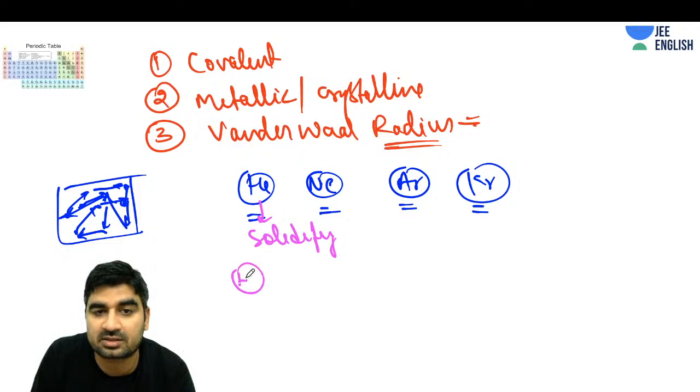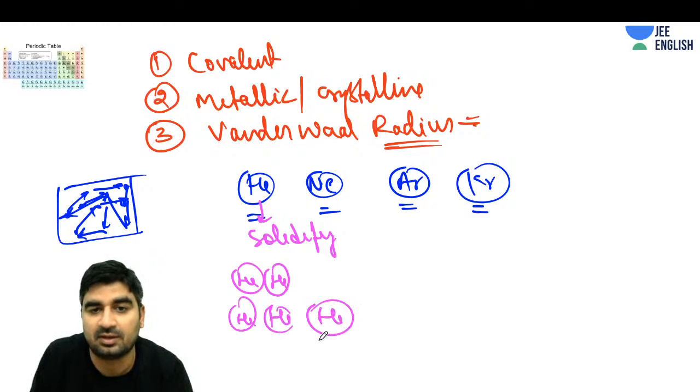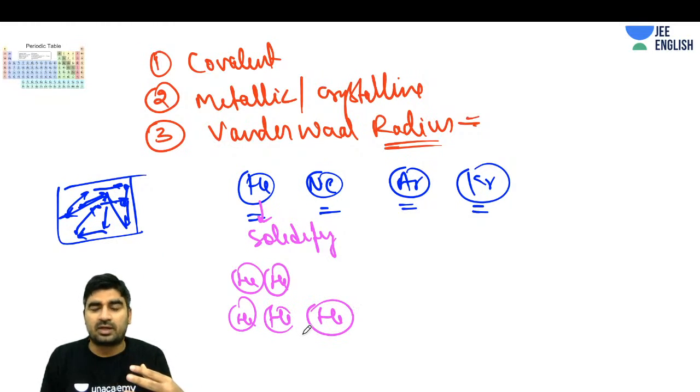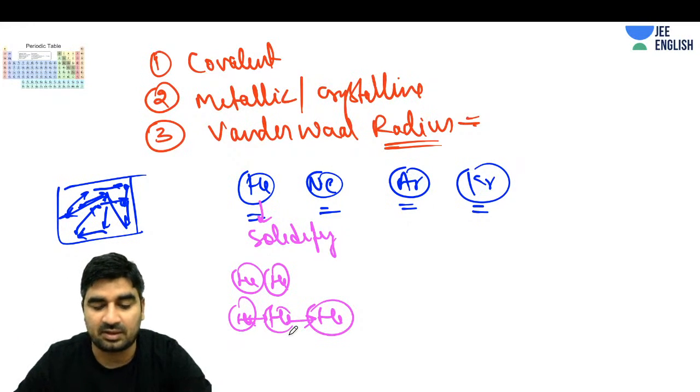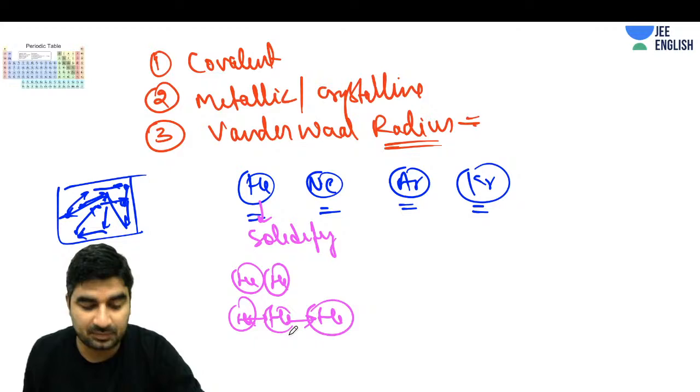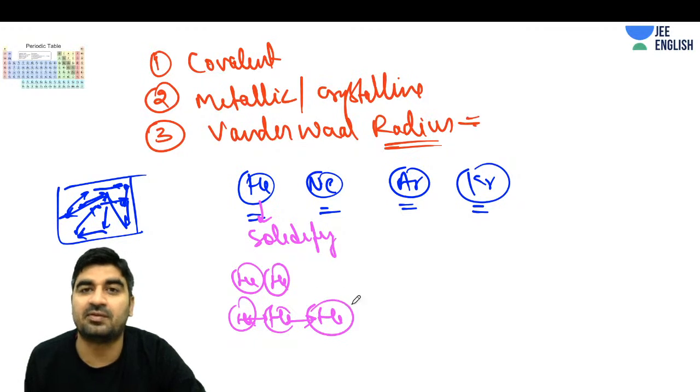In solid crystal, we have helium, helium, helium. There will be no overlapping, and these will be at some distance far away from each other, because in between two atoms there will be weak van der Waals forces.